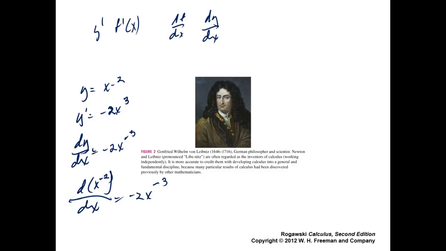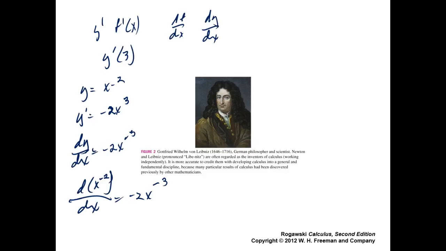Okay? Now, whereas before we might say y prime at, give me a value, any number. 3? 2? What do you say? 3. Okay. That would be, you take the derivative and then evaluate it at 3, right?